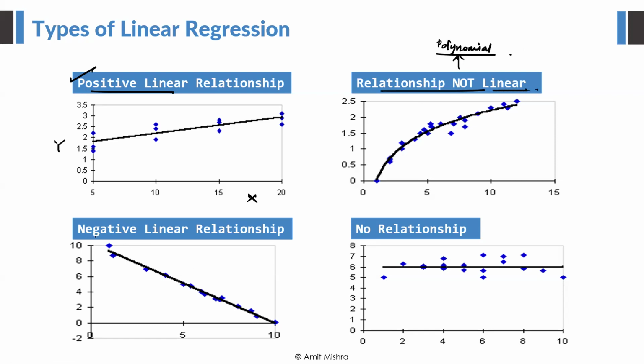Next is a negative linear relationship, which means that with an increase in x, y will decrease. In the polynomial case, the explanation could be like this: y equals beta naught plus beta 1 into x1 square plus beta 2 into x2 square, like that.